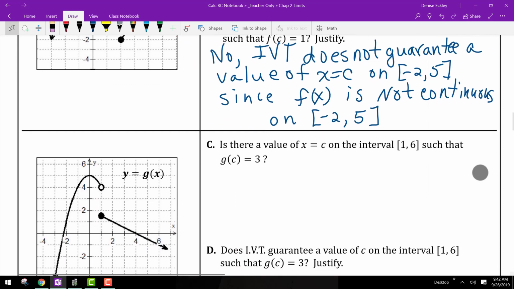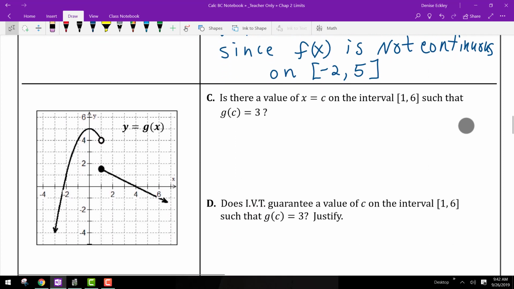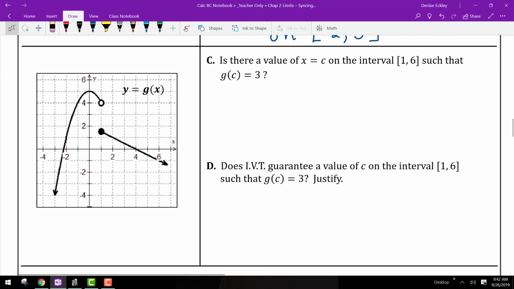Doesn't guarantee it. Okay, so next question: is there a value x equals c on the interval 1 to 6 such that g of c equals 3? Okay, so again, we're looking at 1 to 6. And so if we look at 1 to 6, what we see is that here's 3.